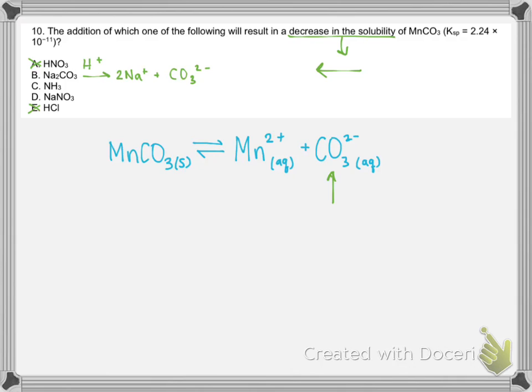If we're adding in more of a product, we're going to shift left toward reactants, which would be a decrease in our solubility. So B is the answer. And then both C and D won't affect the solubility.